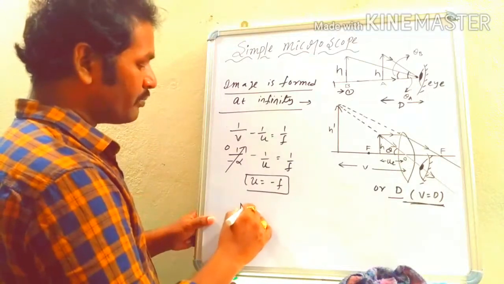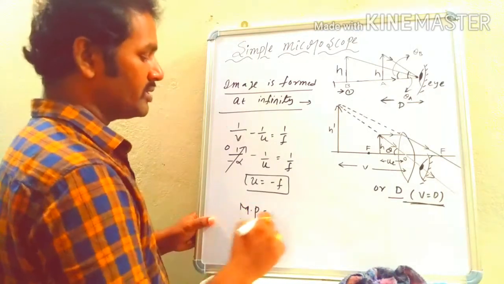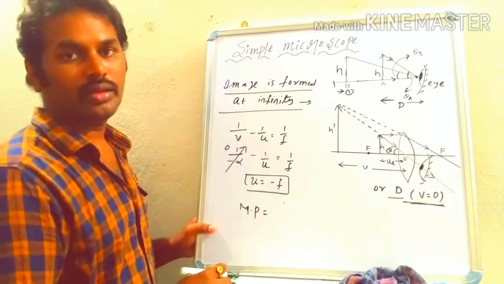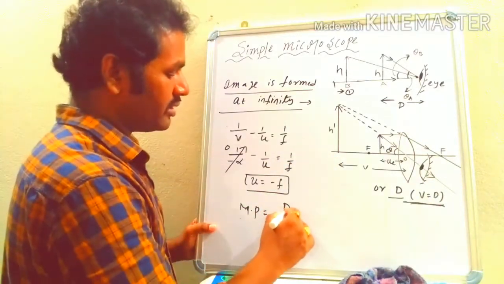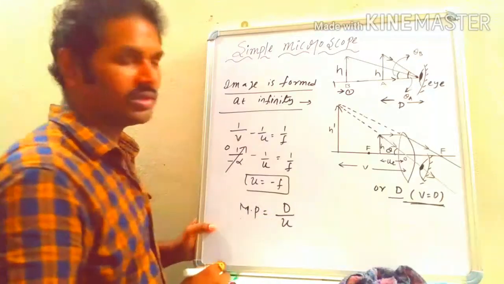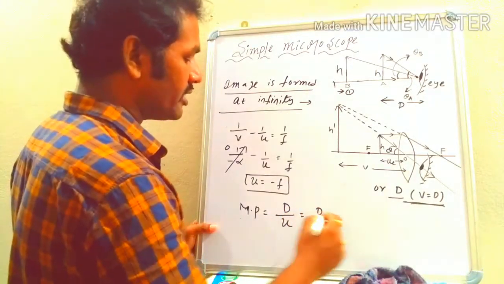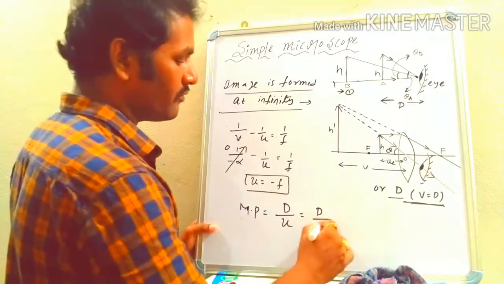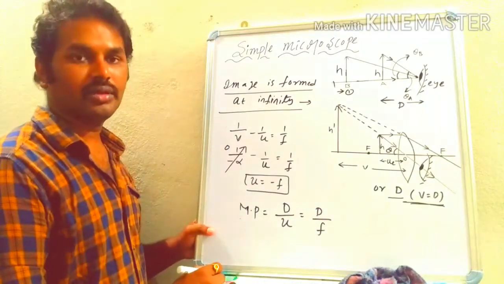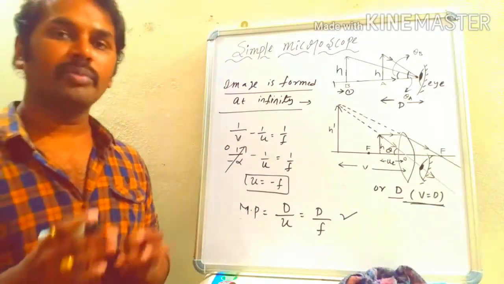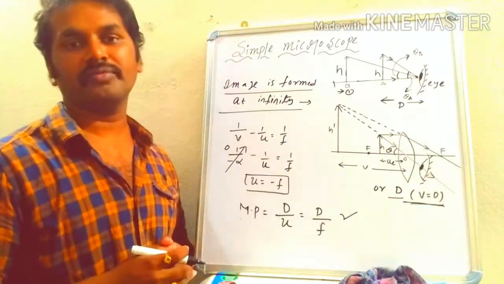Now, the magnifying power of the simple microscope is equal to how much? Earlier it was d divided by u, which is equal to d divided by f. So in this case, the magnifying power is just d by f.